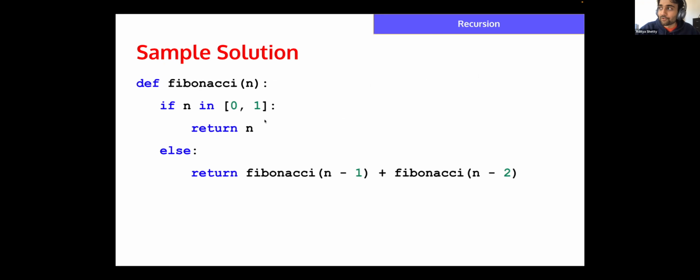And then for every other number, the operation that we're doing is the sum of the previous two numbers, right? So this is the additional operation that we're doing for the current Fibonacci number.